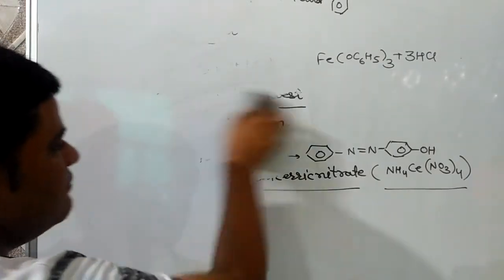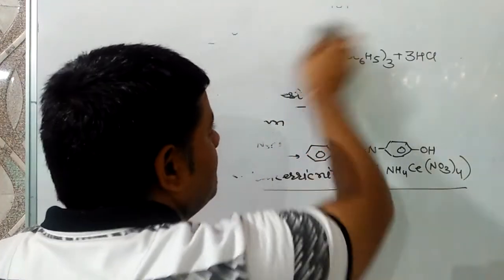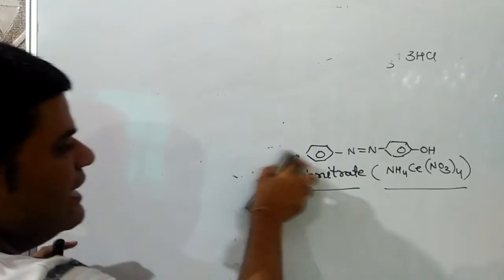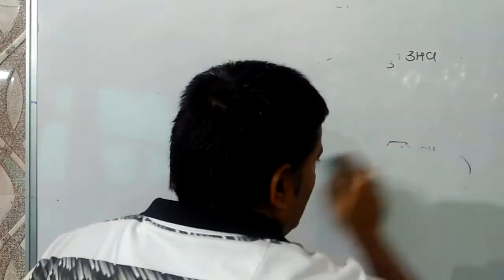The fifth one: if the alcohol is ethyl alcohol, then we can use the iodoform test.